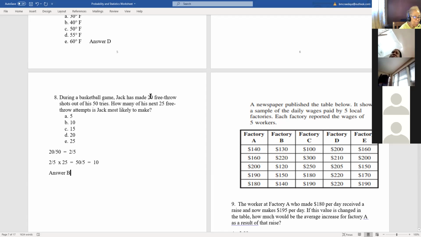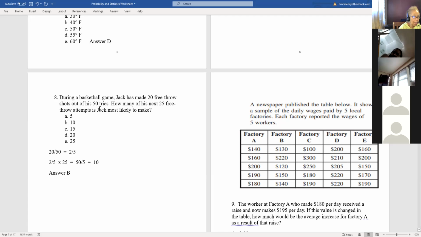Just take 20 over 50. That's the fraction that he gets right, that he gets the free throws on. 20 over 50 simplifies to 2/5. So you just need to take 2/5 of his next 25, and that's 50 over 5, which is 10.